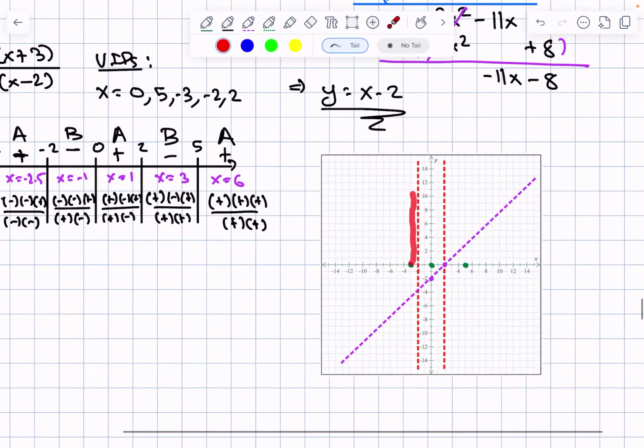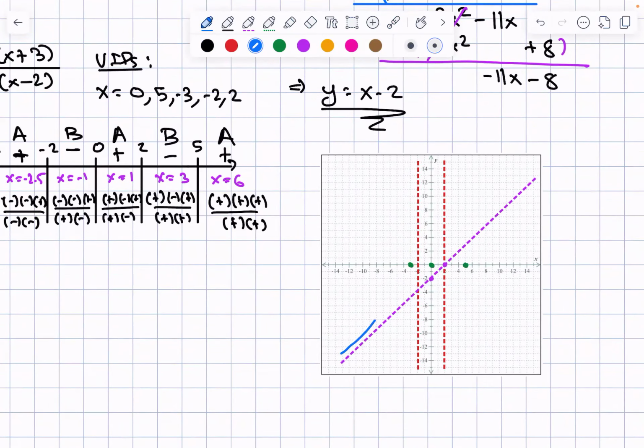Then, let's go ahead and create that portion. Next, between -2 and 0, we're below the x-axis. So we're going to have to come up from here and go to it.